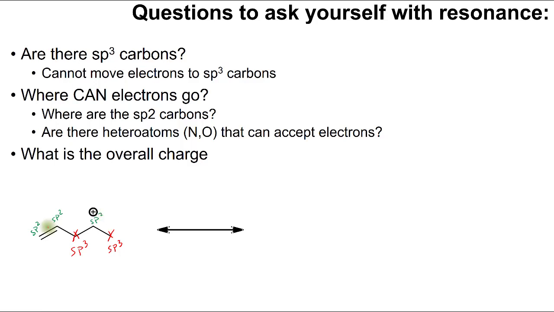However, if I try to move these electrons from this bond right here, there's nowhere for these electrons to go. We can't jump carbons to put electrons over here. So this is not allowed. The electrons can only move one bond at a time.